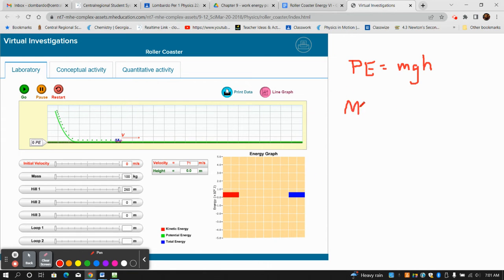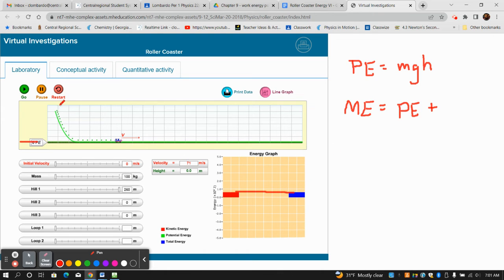So mechanical energy, or our total energy, is going to equal the potential energy at any point, which has to do with the changing of height, because your mass should not be changing, gravity should not be changing, so it's really going to be based upon your height or location. Right now, potential energy is zero because the height is zero, so all this mechanical energy should be the same as your kinetic.